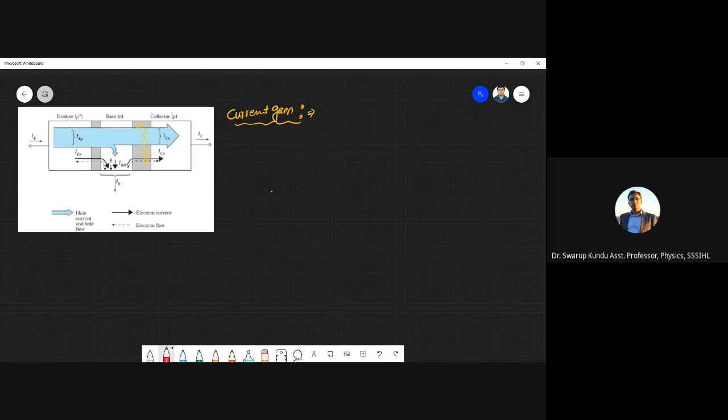These are the depletion regions. So the assumption is no generation or recombination in the depletion region.